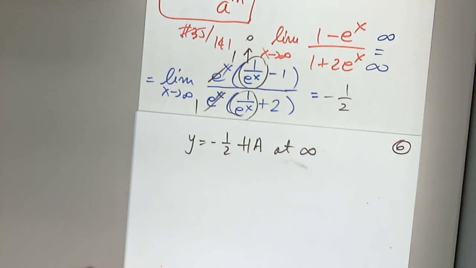The horizontal asymptote requires that the answer when I determine the limit at infinity is a number. But if I get infinity or negative infinity, a function cannot have a horizontal asymptote. The answer must be a number. Then it's a horizontal asymptote. But if this answer is infinity or negative infinity or DNE, there is no horizontal asymptote.